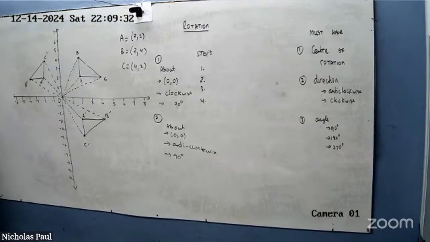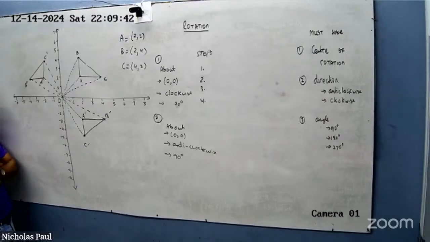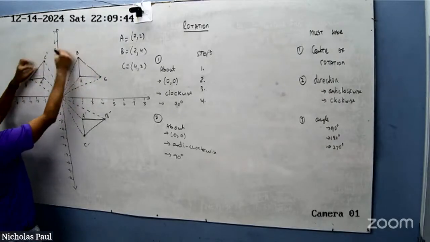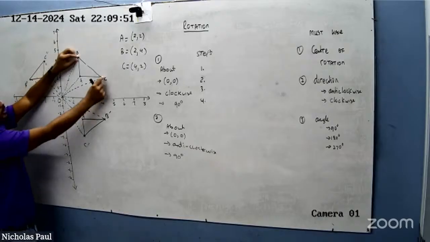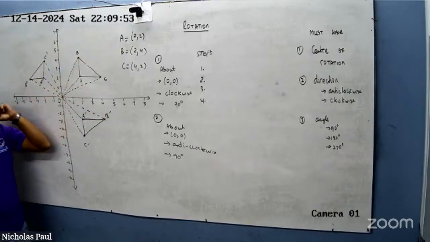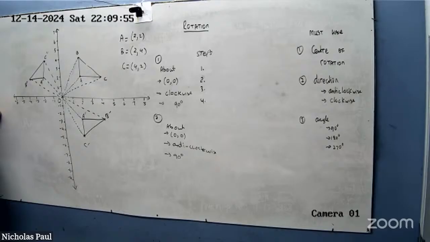Right? So that is your rotation. So remember your triangle rotating like this, 90 degrees. That's looking good. The next one rotated like this. Okay? So that is the way we do our rotation.